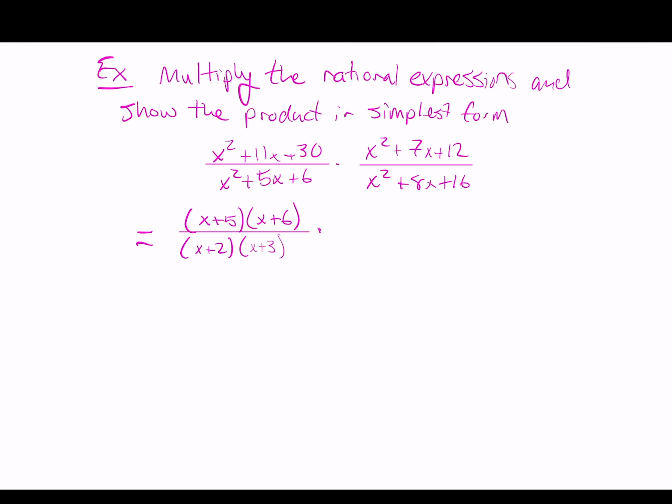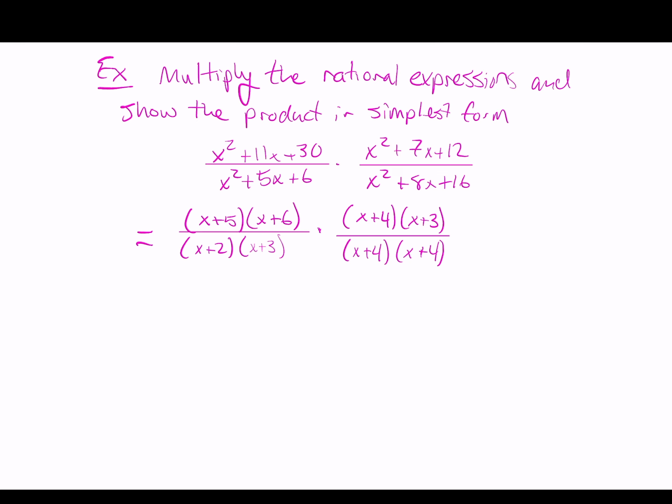What are the factors of 12 that when we add, we get 7? 4 and 3 is what that looks like. x plus 4, x plus 3, all over. Now we're looking at the factors of 16 that when we add, we get 8. And I think that's going to give us x plus 4, x plus 4.